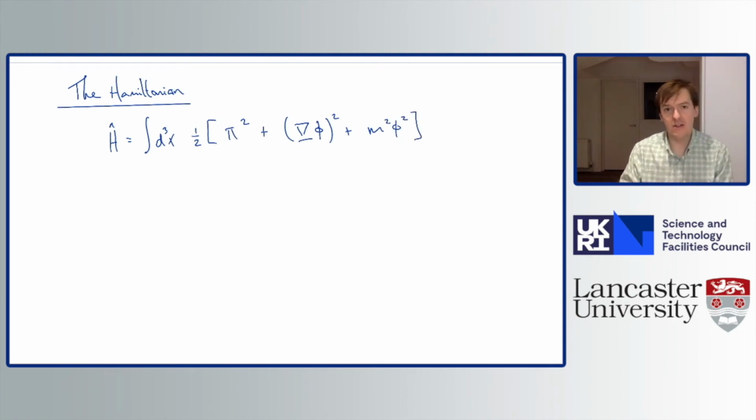And in this canonical quantization procedure, we've turned all of our fields into operators. But we have expressions for phi and for pi in terms of our creation and annihilation operators. So we should therefore be able to express H in terms of creation and annihilation operators.